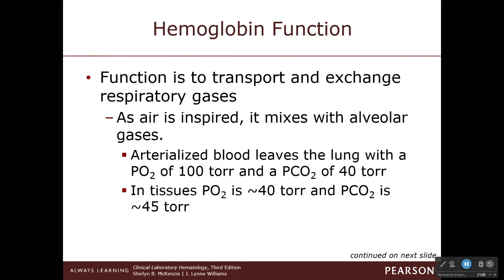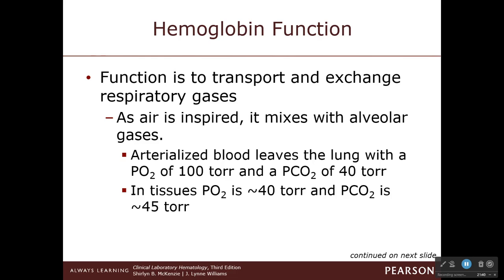So oxyhemoglobin is hemoglobin bound with oxygen. Deoxy, no oxygen. Makes sense, right? Deoxy, taking off. So no oxygen, just hemoglobin without oxygen.